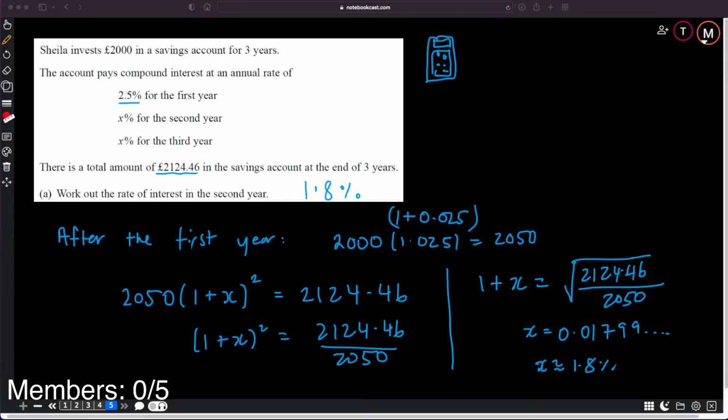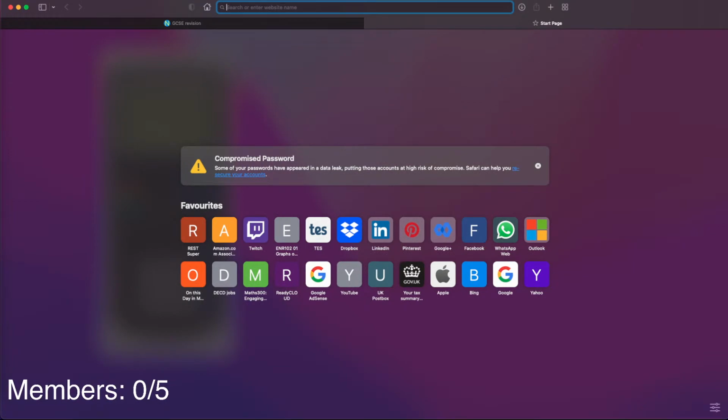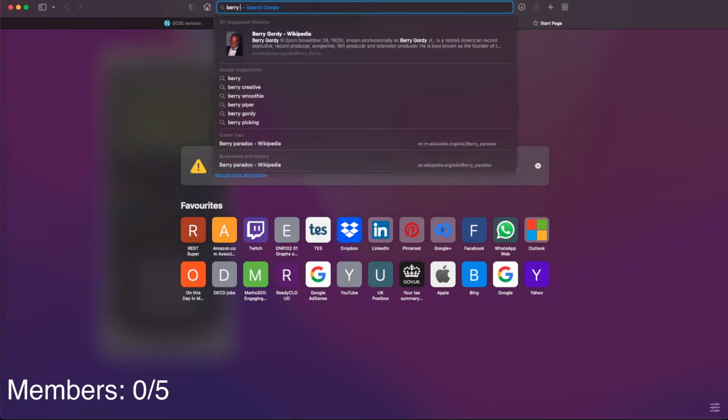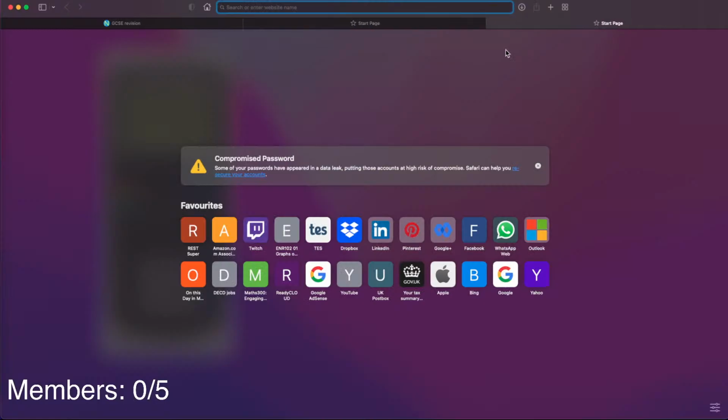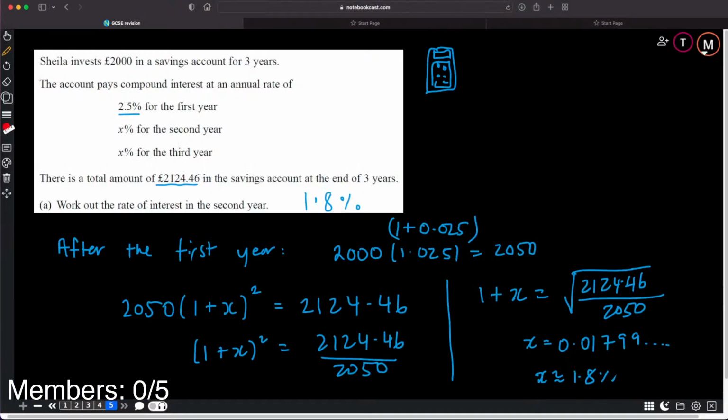It's Berry's paradox, I think. Let me look that up.